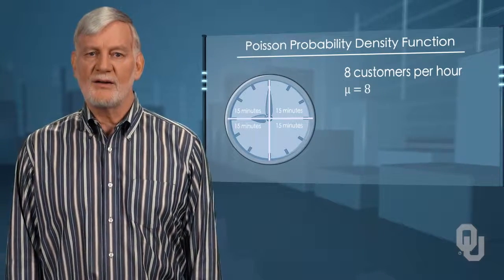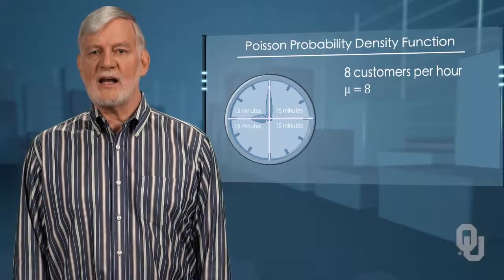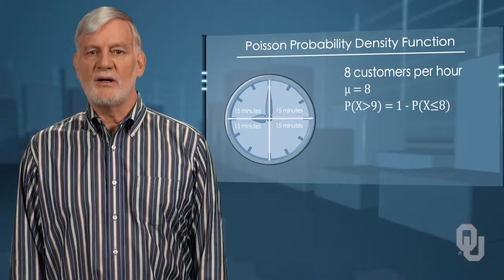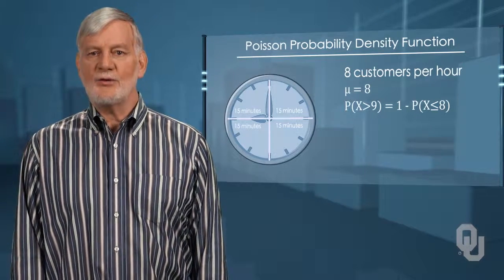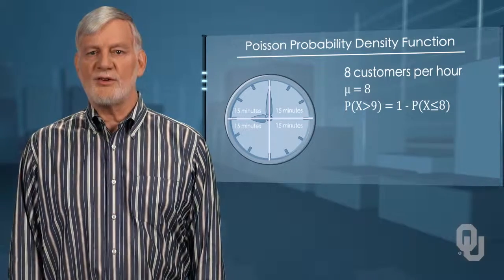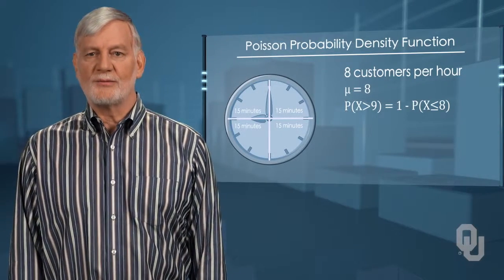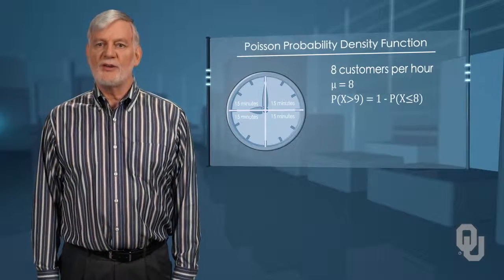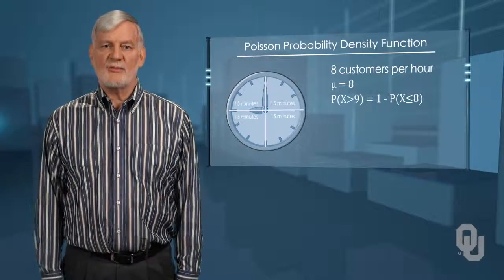Mu equals 8. The question can be mathematically stated as the probability that the number of customers each hour exceeds 9 equals 1 minus the probability that the number of customers is less than 8 each hour. This requires us to calculate all the probabilities from 0 to 8, inclusive, and then subtract from 1.